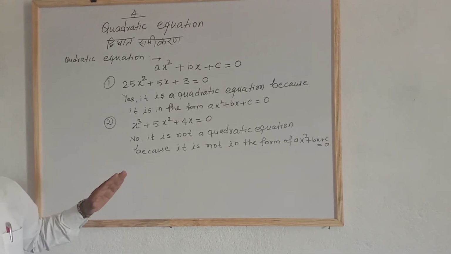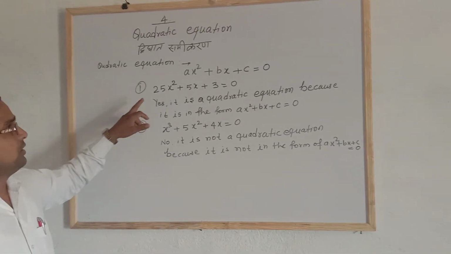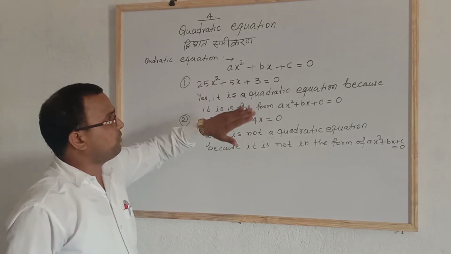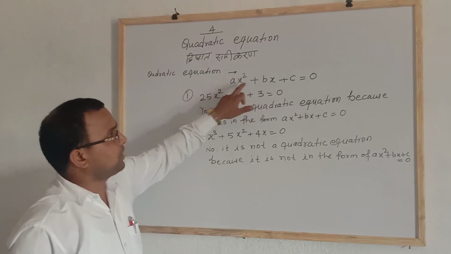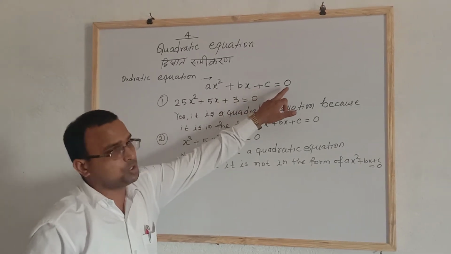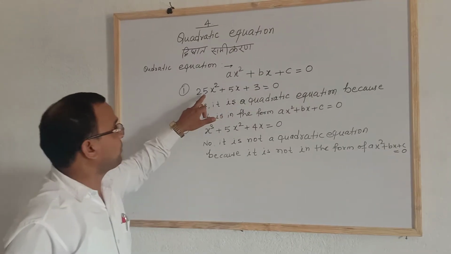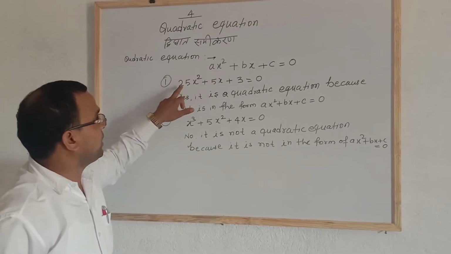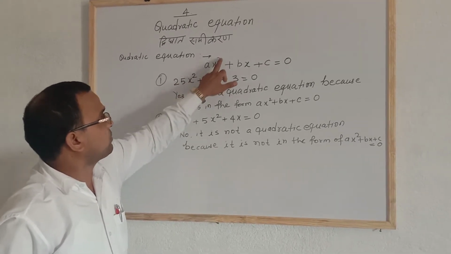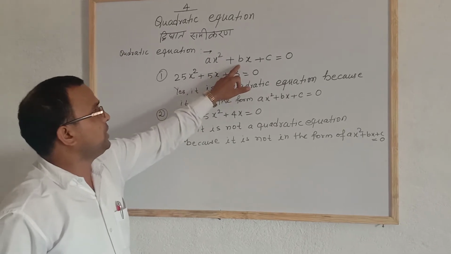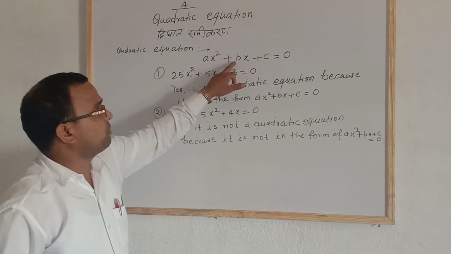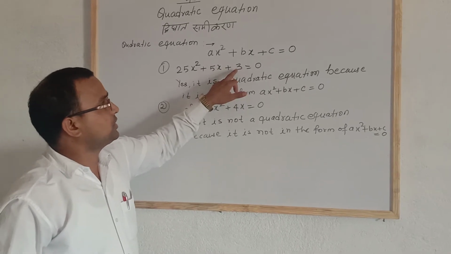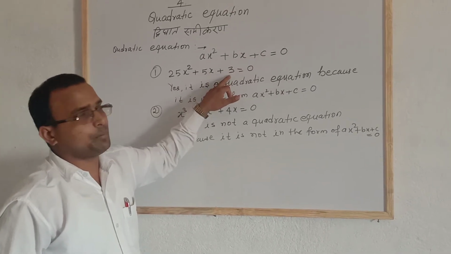Now you can see here again, if the equation is in the form, suppose that 25x square, it means a equal to 25 and x square is same, and b, coefficient of x, is 5 and here is 3, that means constant term is 3.